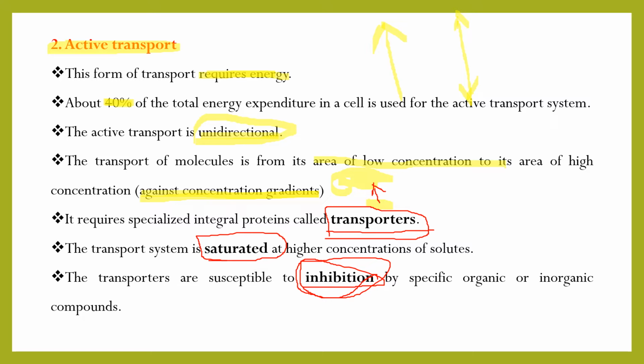So there may be inhibition of these transport proteins. Therefore, active transport may be affected by the inhibitor molecules. These are some of the nature and characteristics of active transport.